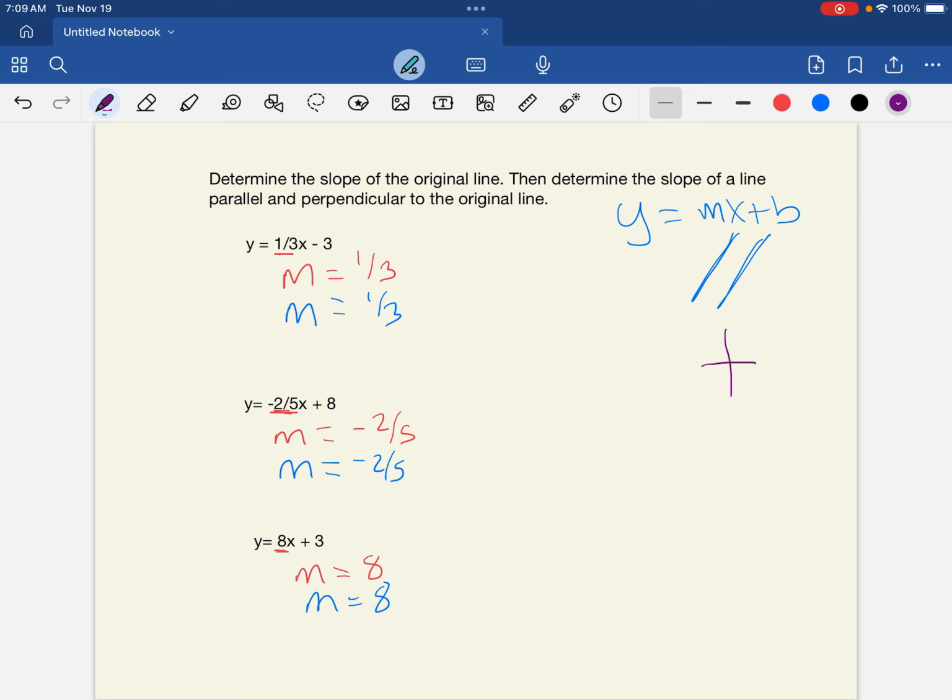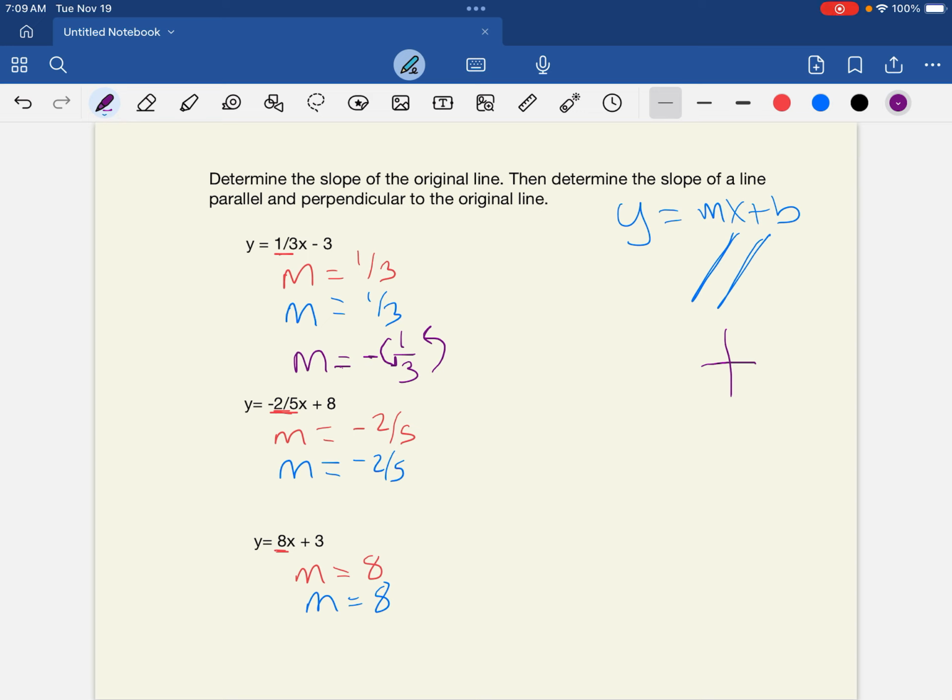For our first one, I'm going to do this in steps. The opposite of 1/3 is -1/3. And then the reciprocal: I'm going to take the number in the denominator and put it in the numerator, and take the number in the numerator and put it in the denominator.